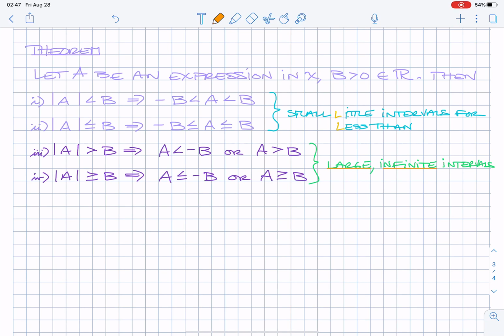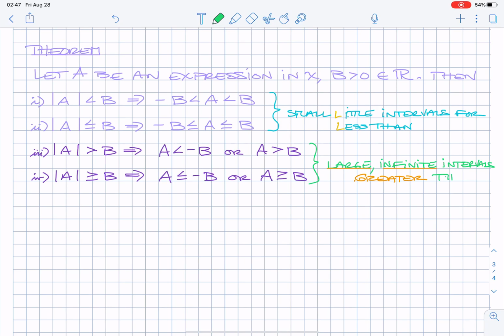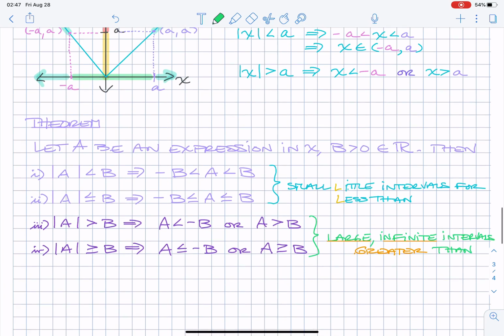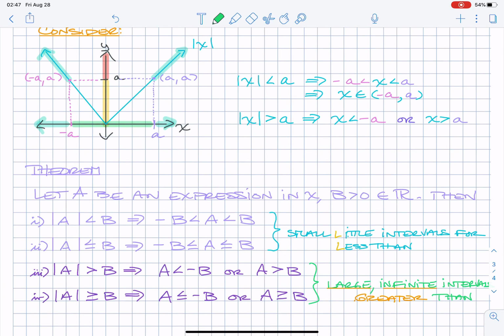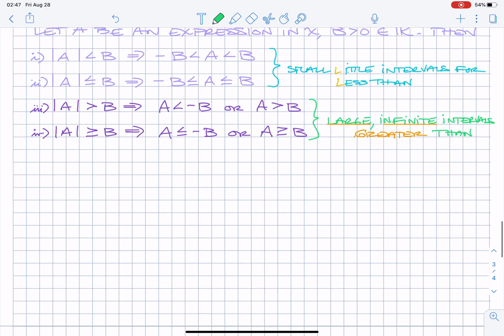I'll just underline those two, because if it's greater than, so if we use greater than, I must go off towards both infinities. If I use less than, I must have a small little interval. So remember, greater than goes off towards the infinities.